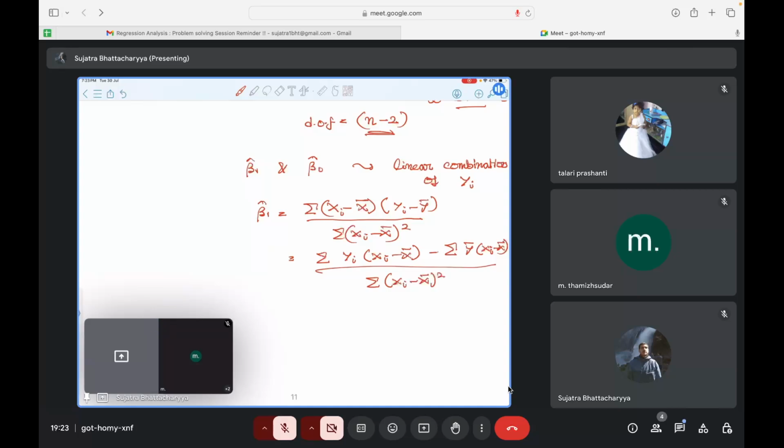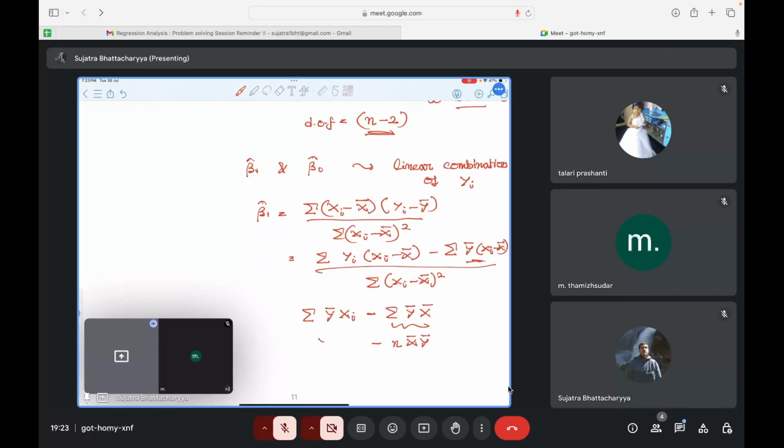Right? So now, if you just open up this part, summation y bar into xi minus summation y bar into x bar, correct? So this thing n times it is just repeating. X bar is a constant, y bar is a constant. So it becomes minus n x bar y bar because there is a summation, n times it is repeating.